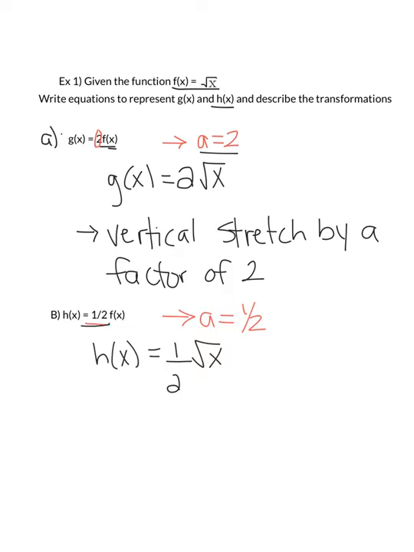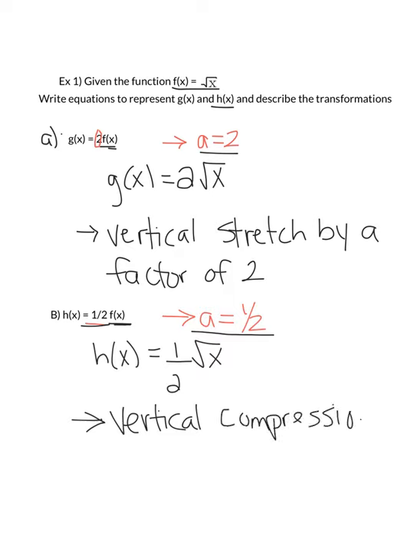So I kept my 1/2 and I plugged my f of x in, which was in the question root x. Now I can see that I need to write my transformations. If a is equal to 1/2, I know that a tells me it's vertical. The 1/2 tells me that it is a compression by a factor of 1/2.